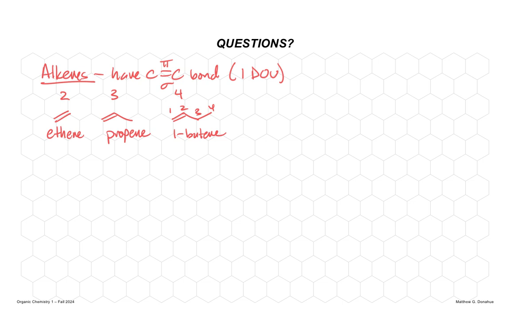So we saw the carbon count here. So for two carbons, again, the first part of the name tells you the number of carbons involved. The second part of the name, the suffix, let me erase that.